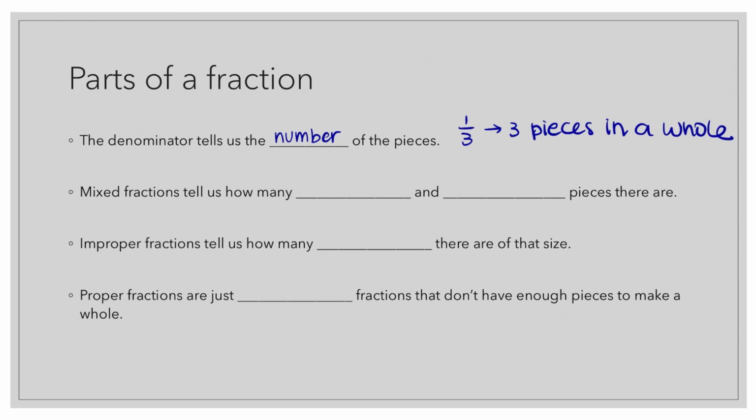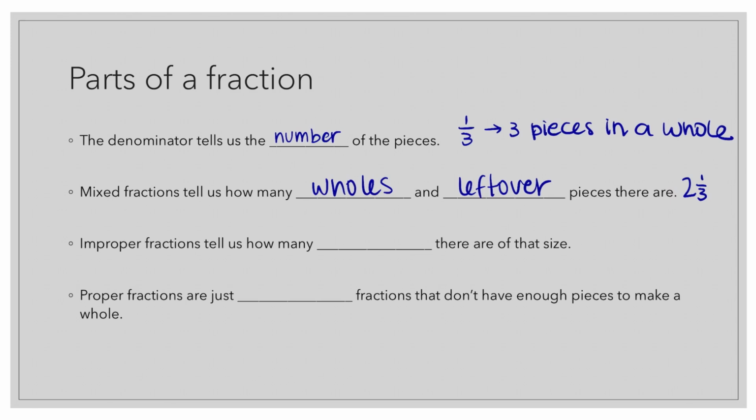Mixed fractions, which look like 2 1/3, have the really big number and then the fraction next to it, and it tells us how many wholes and leftover pieces there are. So in this case, I'd have 2 whole pieces and then 1 leftover piece. And we saw that in the example we just did.